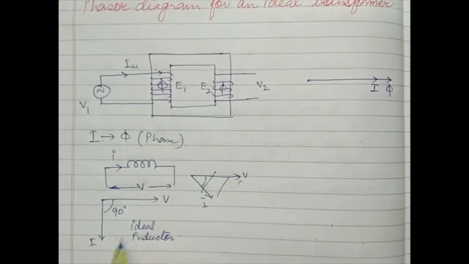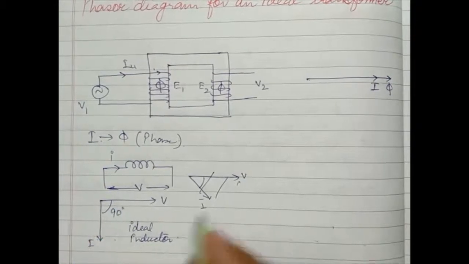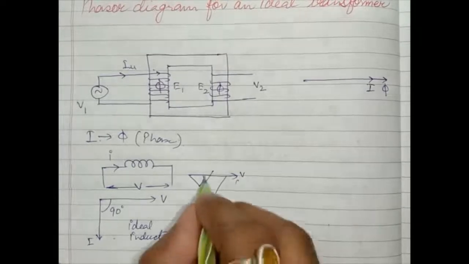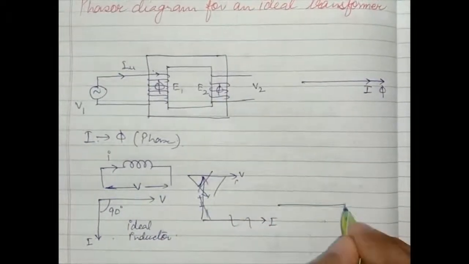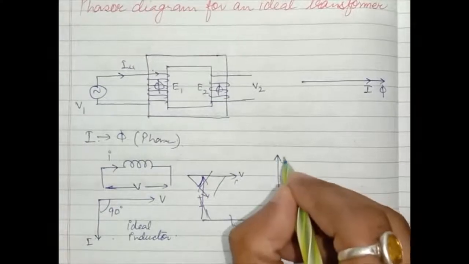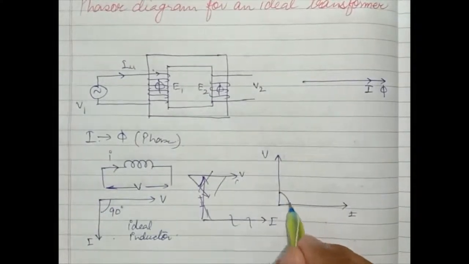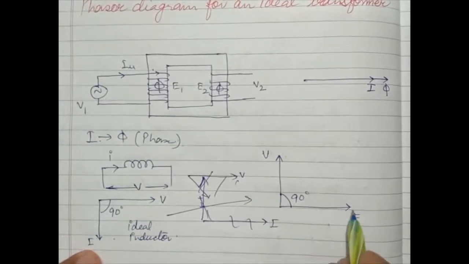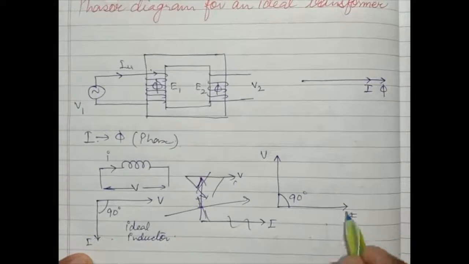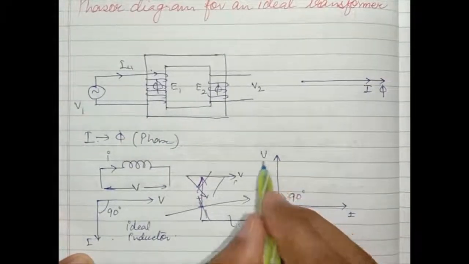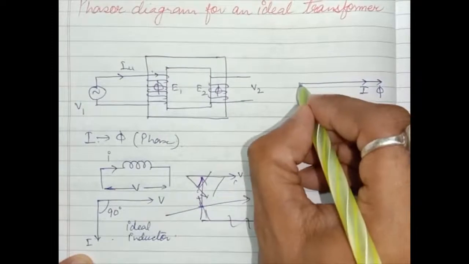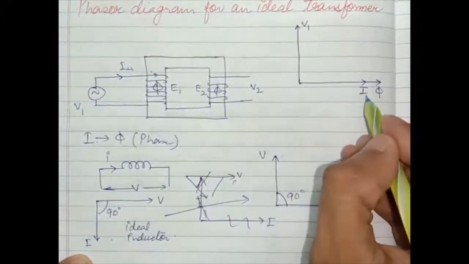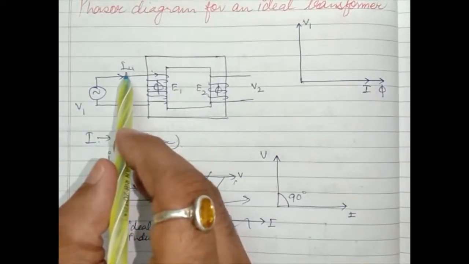So if we rotate the orientation by 90 degrees, this is I and this is V, with an angle of 90 degrees. So there is a lag between V1 and I, the current I mu.